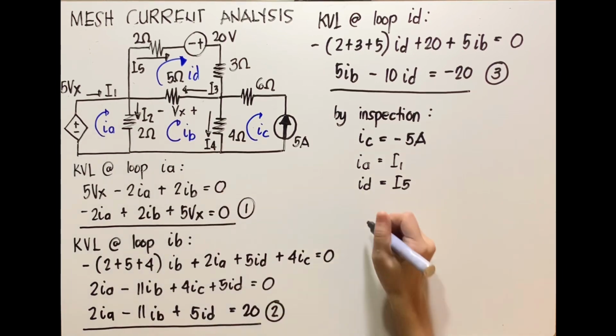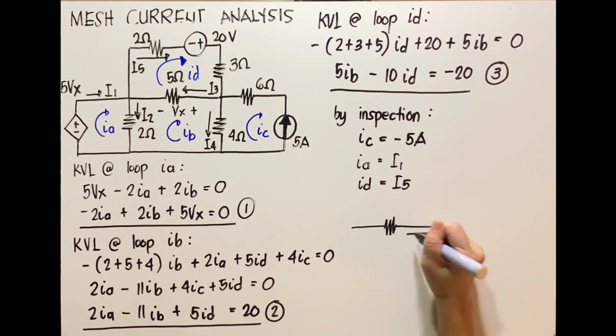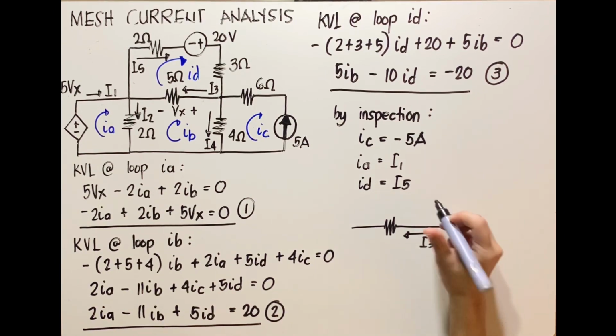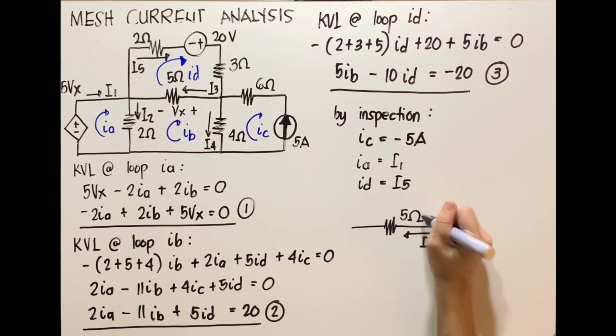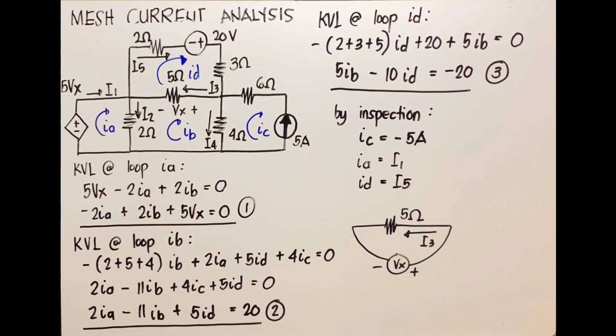So, I'm going to cut that 5 ohm branch. Kuhanin mo yung current na nagfo-flow sa kanya, which is I3. This is 5 ohms. And then connect that voltmeter assumption. So let's say this is Vx. Ang sequence ay negative sa kaliwa, positive sa kanan. Siyempre, you're going to follow the illustration, ha? Huwag kayong gagawa ng sarili niyo.